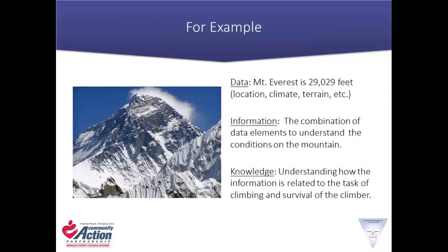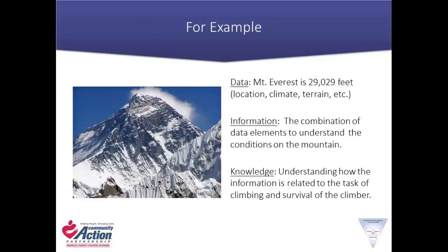So here's an example. The height of Mount Everest is one piece of data that we could pull. The height is 29,029 feet. The height can be recorded precisely with an altimeter and then entered into a database.